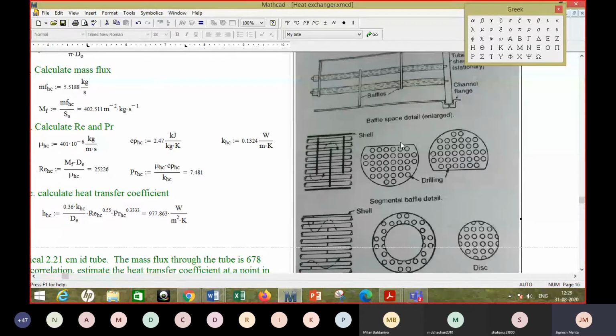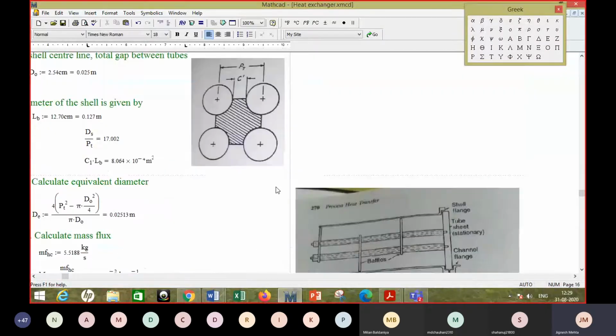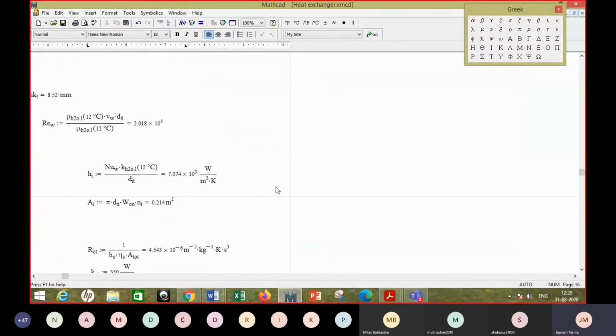Let's say it enters from the bottom, goes to the other end and comes out. So 10 tubes at the top and 10 tubes at the bottom. That is how it might be put. Those are the two tube side passes.